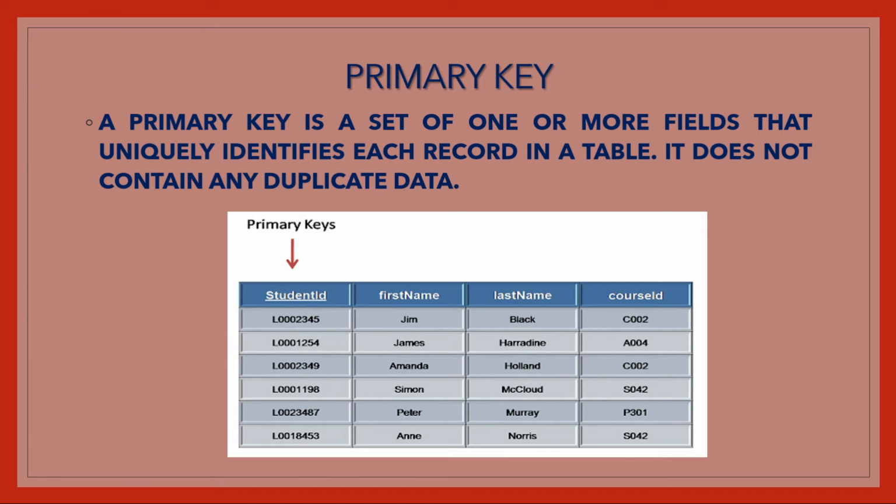Listen, if you are not defining a primary key, it will not be a problem. It will not say anything to you, only an alert message may be given that you have not set any field as the primary key. But what will happen if you keep the student ID L00023455 for one more student or two more students? When you retrieve the data, which data will actually be fetched? Suppose Jim has L00023455, and James also has L00023455, and Amanda also has L00023455.